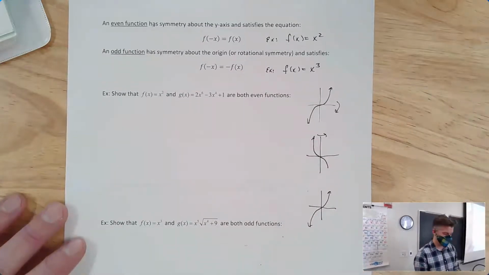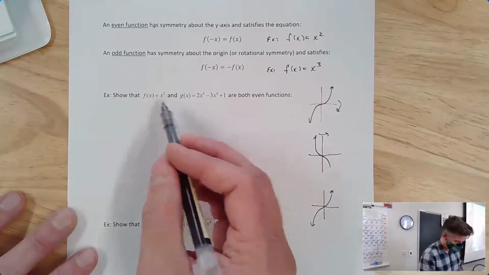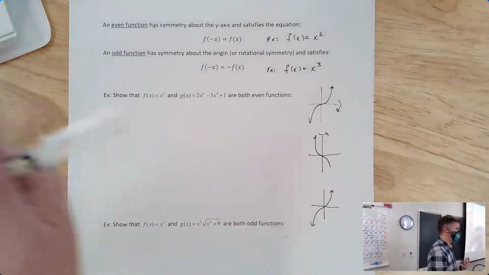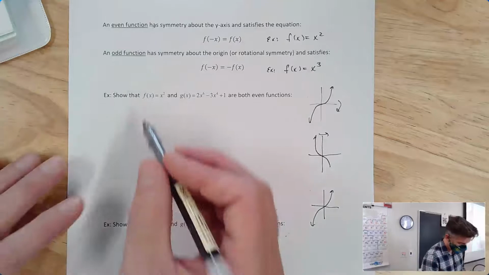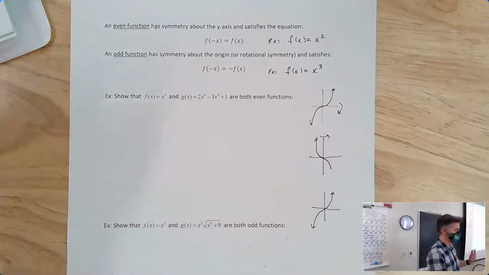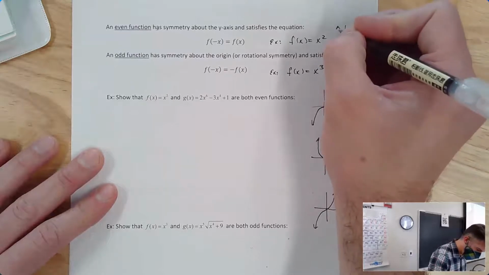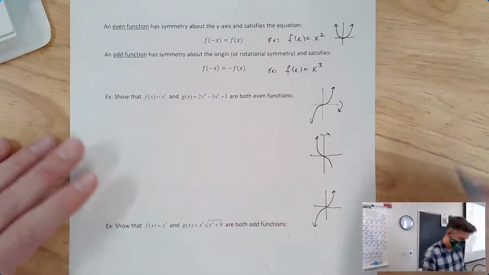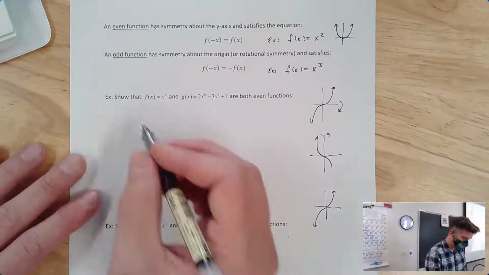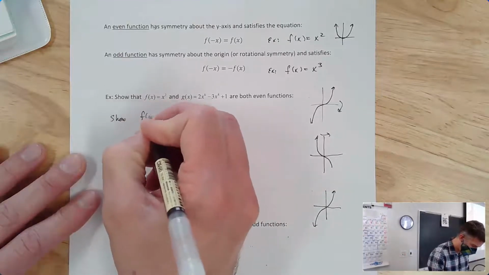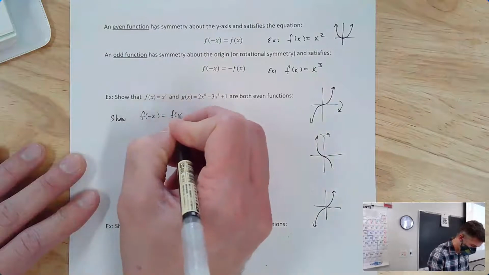Let's look at some examples. So how do we show a function is even? It's not as bad as it sounds. F of x equal to x squared, we know is even. It looks even. It has the usual even symmetry. Showing it is not that bad. We're going to say, well, I want to show that f of -x equals f of x.